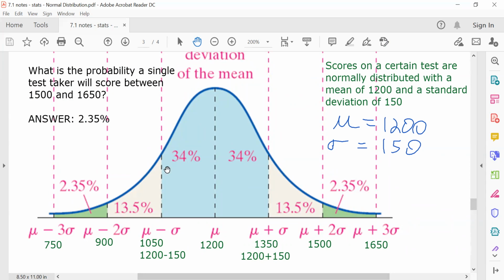You could figure out all these segments because you know within one standard deviation of the mean, 68% of the data has to lie there. And thanks to symmetry, that means that you could divide that into two pieces, 34% and 34%, and say that between one standard deviation below the mean and the mean itself, that's half of the 68%, so 34% falls in that range.